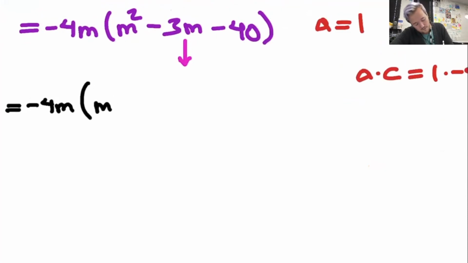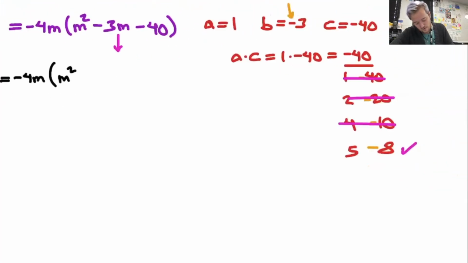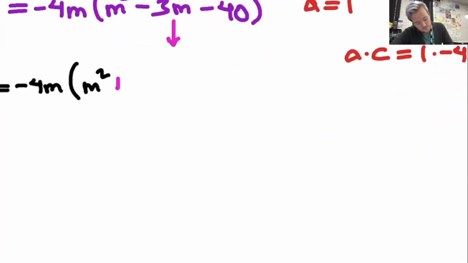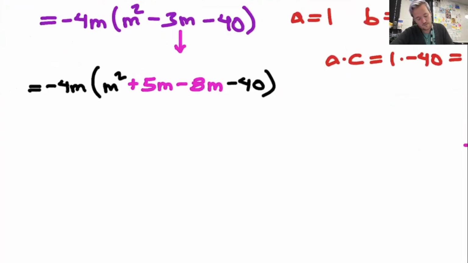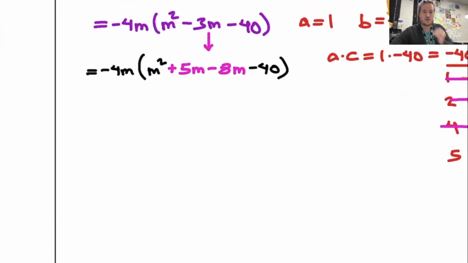So we have m squared. Then it doesn't matter which one goes first, so I'll do the positive one first. Minus 8m minus 40. All right, so this is what we're working with.